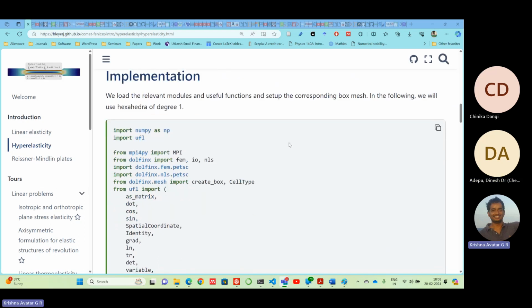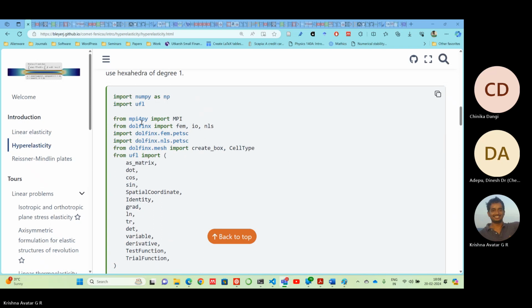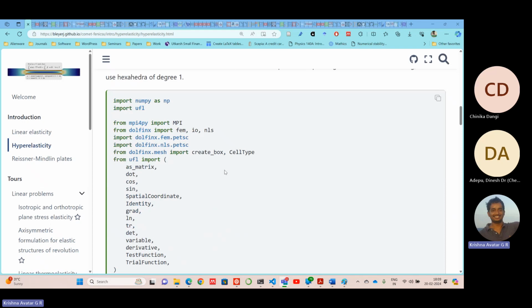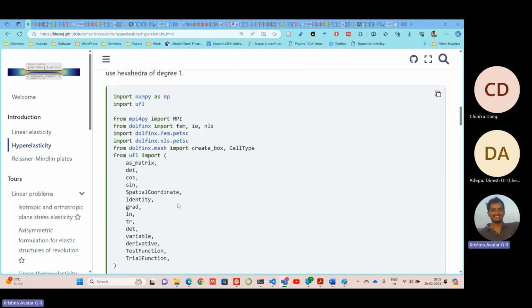So now we come to implementation. We are importing all the necessary libraries. Can we stop here, probably? What we can do is just give an overview. We won't read it, but you see some differences coming here.